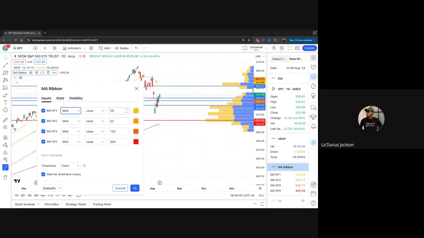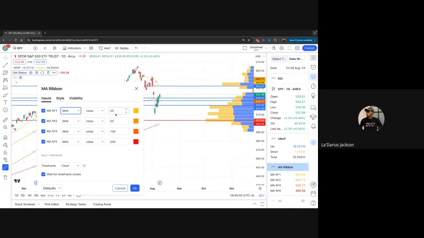Sometimes I get questions on why I don't use 18, why I don't use a 21, why I don't use a 27. I think the moving averages just work based on the individual. I won't say that there's a perfect moving average because it just depends on how you like to trade. Some people love EMAs over SMAs because they're front loaded. But I just feel like it depends on the type of trade that you're looking at.